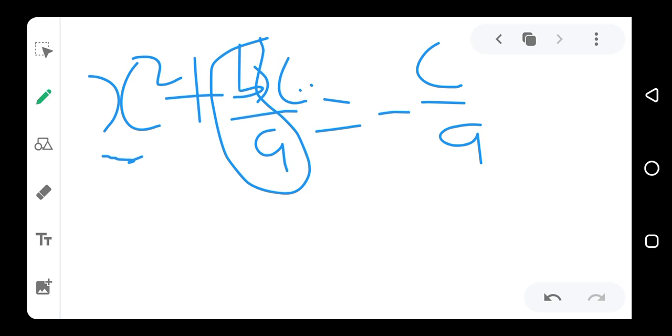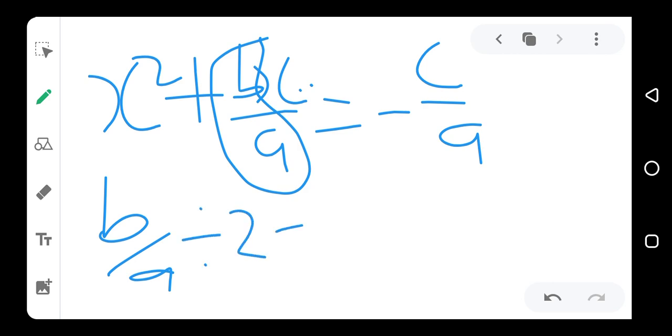So we are going to have the coefficient of x, which is b over a, and we divide it by 2. This 2 is also like 2 over 1, so that we have two fractions. So this is b over a.